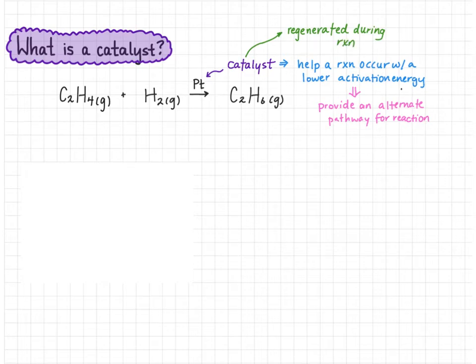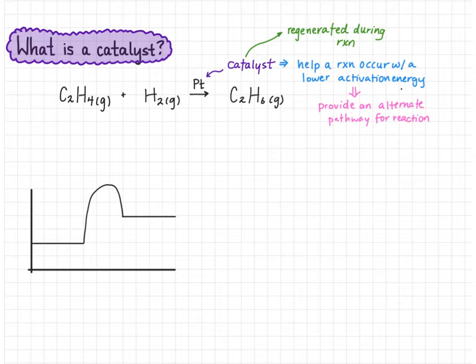On a potential energy diagram, so here we have a potential energy diagram for an endothermic reaction. We see our reactants, our activation energy to an activated complex, and then our products. What will happen when we add a catalyst is that activated complex is going to be of a lower energy.